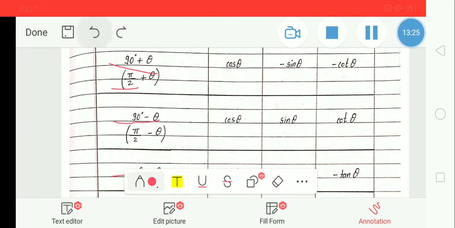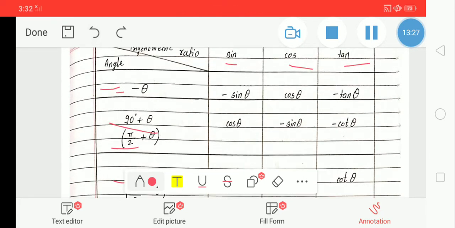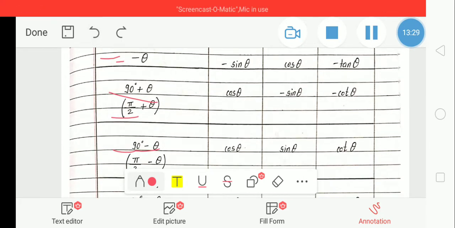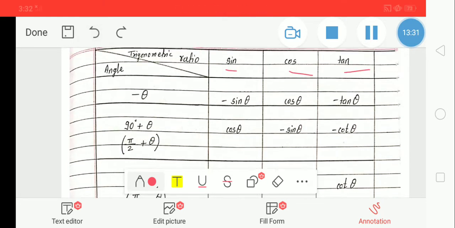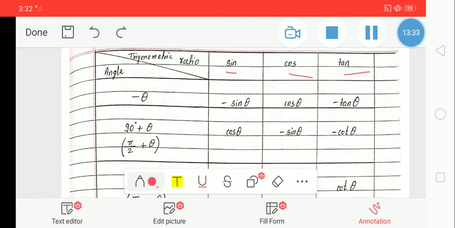So that is the value of all of these, sin, cos, and tan. For 90 plus theta, sin 90 plus theta is equal to cos theta, and cos 90 plus theta is equal to minus sin theta, and tan 90 plus theta means minus cot theta.